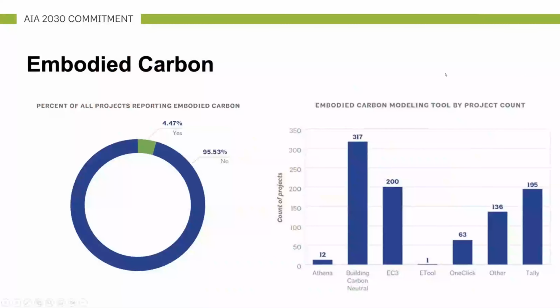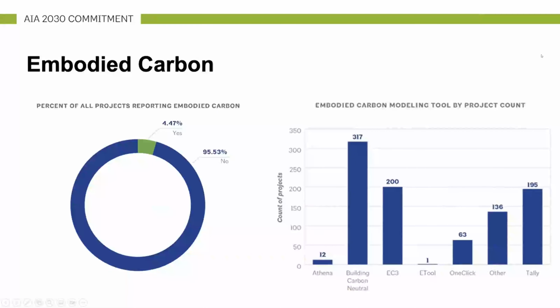And we have seen, even in this year's AIA 2030 reporting, this chunk of projects that were reporting embodied carbon is still very small, but Build Carbon Neutral was by far the number one calculator for assessing a project's embodied carbon.